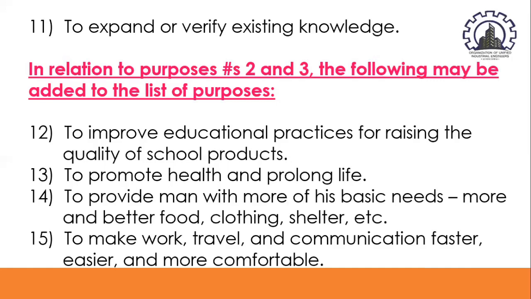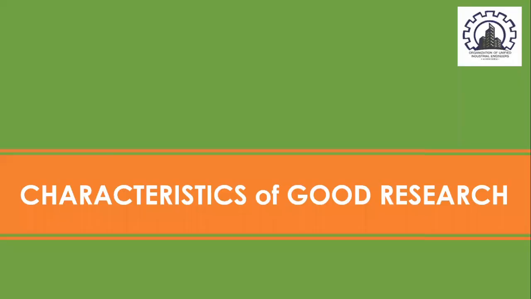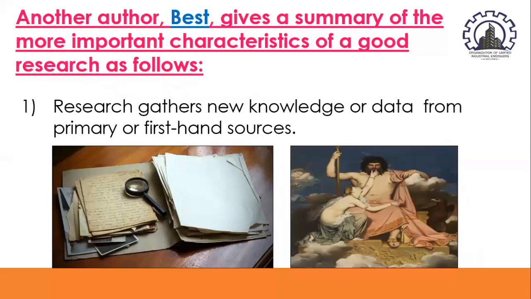What about the characteristics of a good research? Well, Crawford, from his definition, has given some characteristics of research as follows. He said, research is simply a systematic and refined technique of thinking, employing specialized tools, instruments, and procedures in order to obtain a more adequate solution of a problem than would be possible under ordinary means.